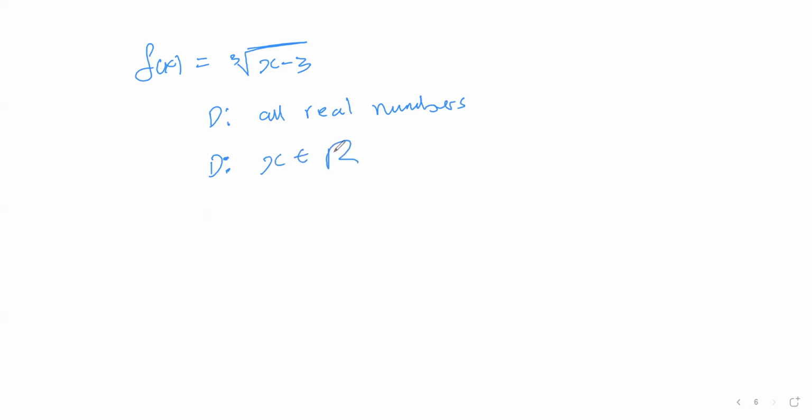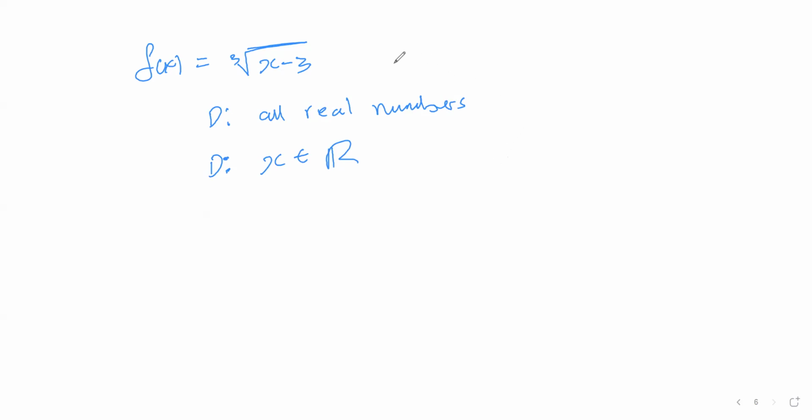So if my f of x was cube root of x minus 3, okay, and I was looking for the domain, then the domain of this function will be all real numbers, basically, all real numbers. Or we can write it in mathematical notation as x is an element of all real numbers like that.